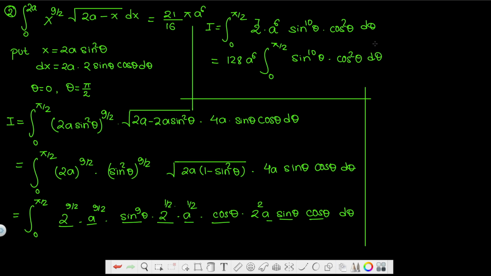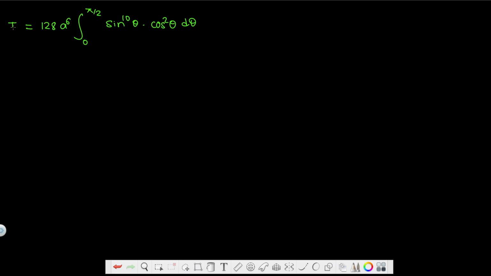Now similar to the previous question, we have integral 0 to pi over 2 sine to the power m theta times cos to the power n theta d theta. So let's go to the next slide.